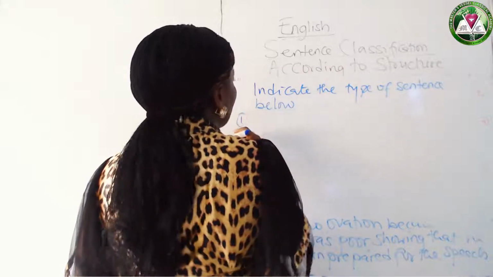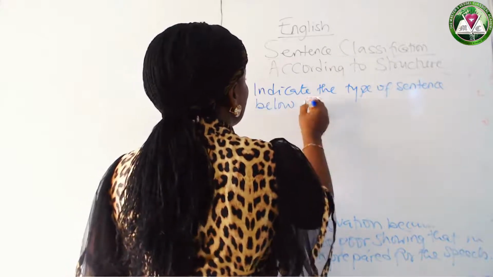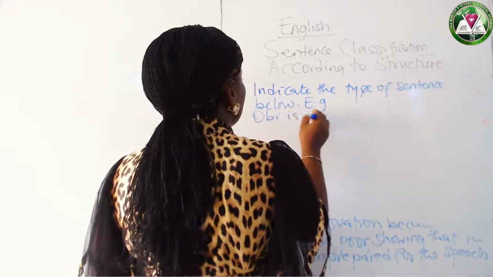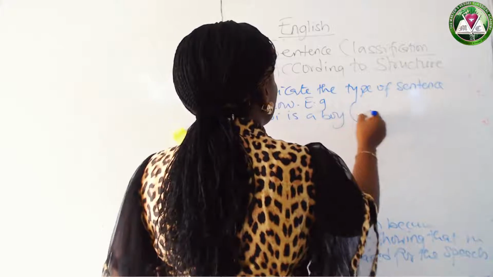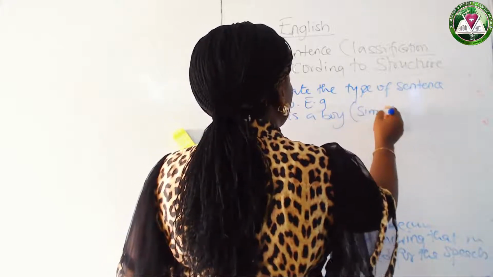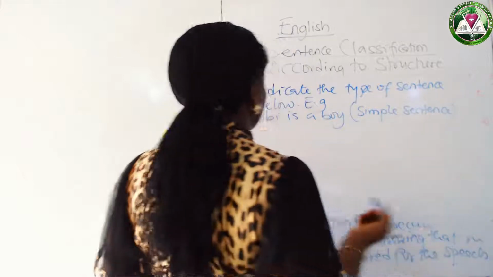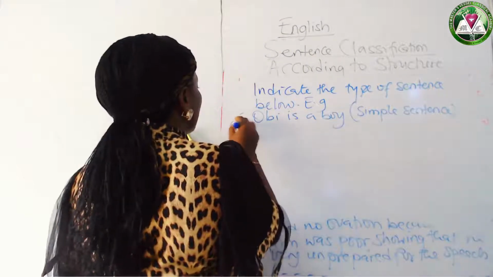Okay, so we have number 1. Let me give you an example of what to do. Number 1, Obi is a boy. So the answer is simple sentence.